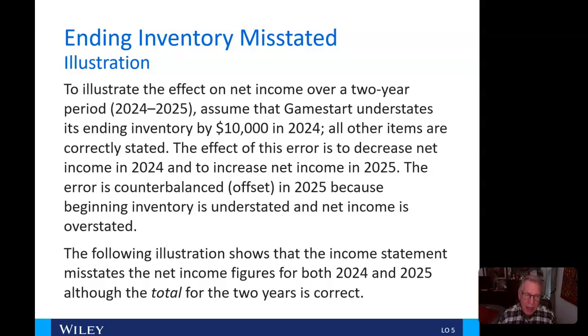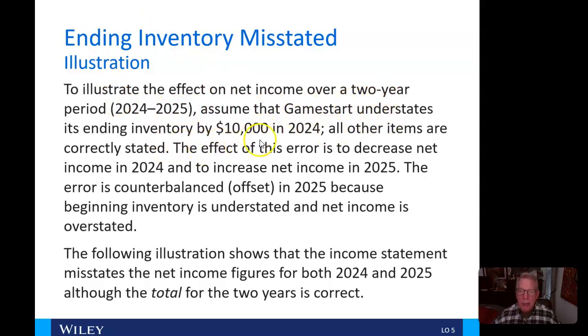But then that ending inventory that was on the low side becomes the next year's beginning inventory. So then that error goes the opposite way. I understate cost of goods sold and I overstate net income and I overstate retained earnings when it comes over to the balance sheet. So let's look at this one.